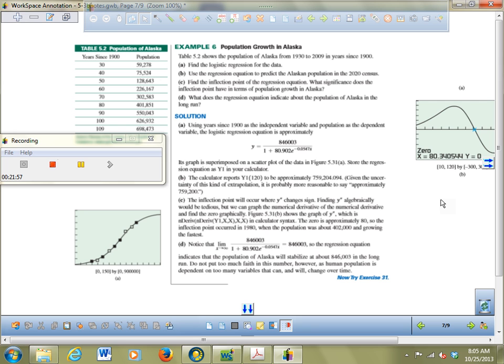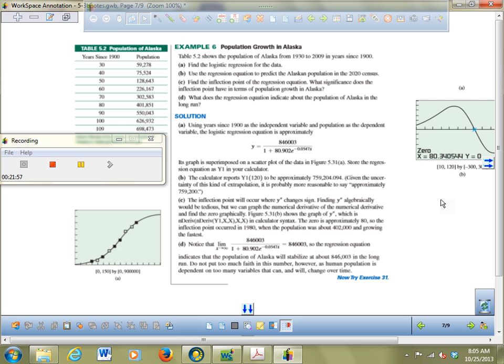Here's a whole bunch of data, population in Alaska. Use the regression equation to predict Alaska's population in 2020. Find the inflection point of the regression equation. What significance does the inflection point have in terms of the population growth of Alaska? And what does the regression equation indicate about the population of Alaska in the long run?